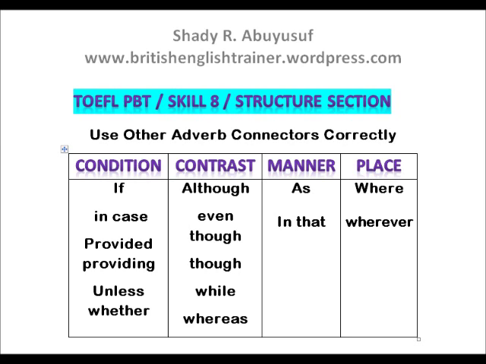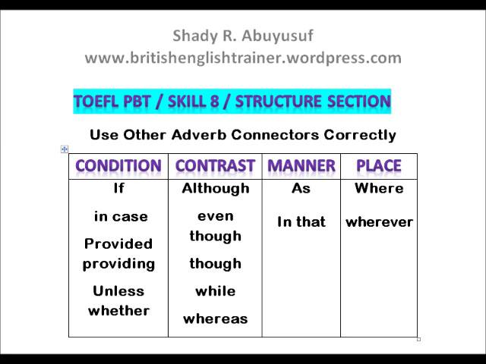Now today we're going to study and discuss together skill number 8, which is using other adverb connectors correctly. The adverb connectors that we're going to talk about today are condition connectors, contrast connectors, manner connectors, and place connectors.